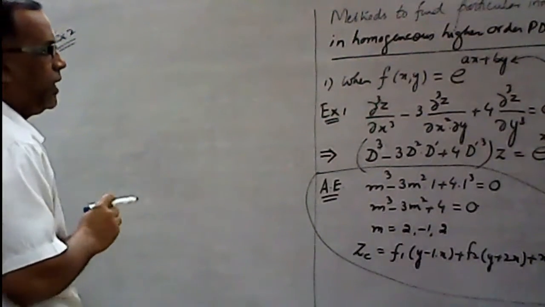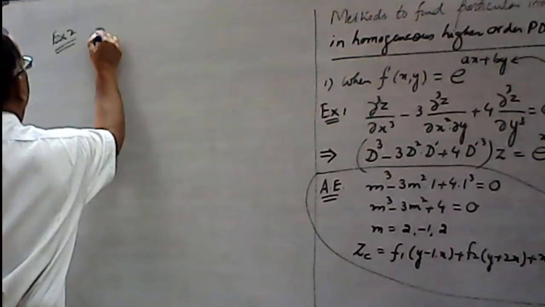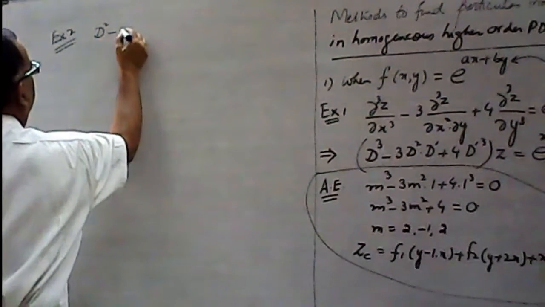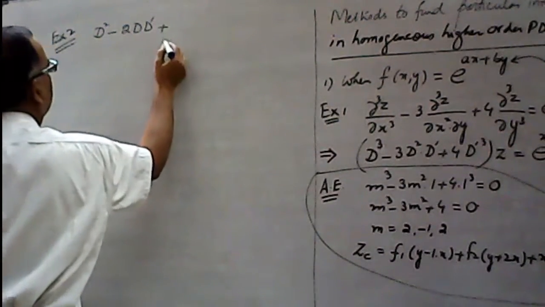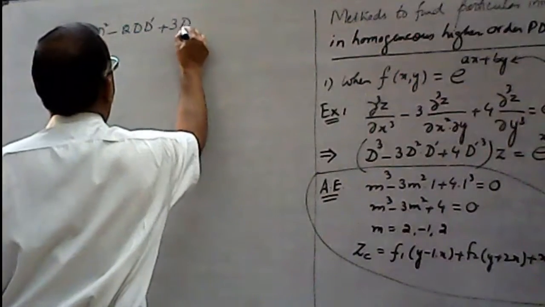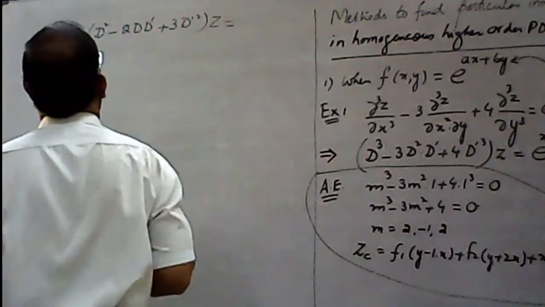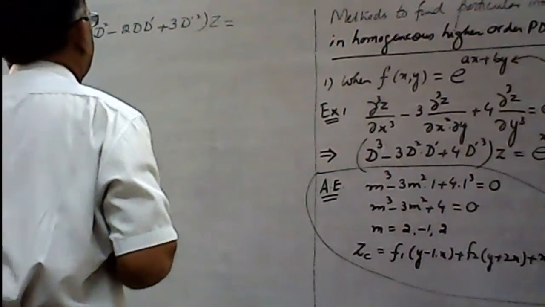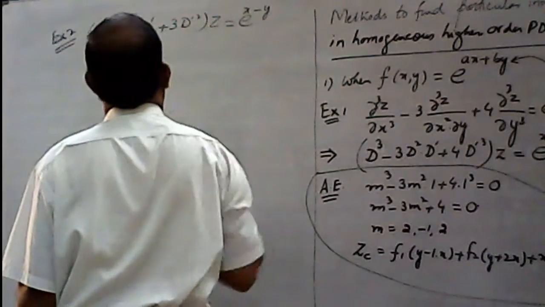Let's suppose we have d square minus 2d d dash plus 3d dash square of z equal to e power x minus y.